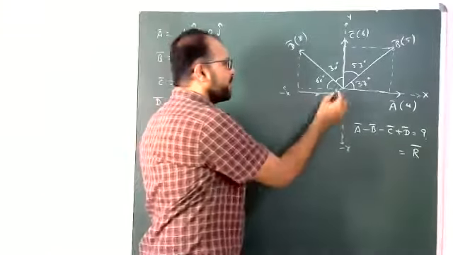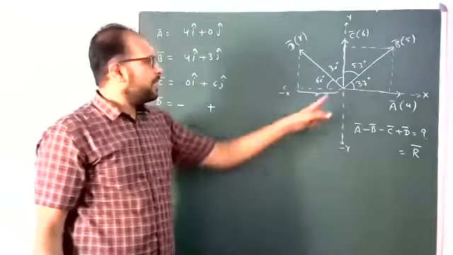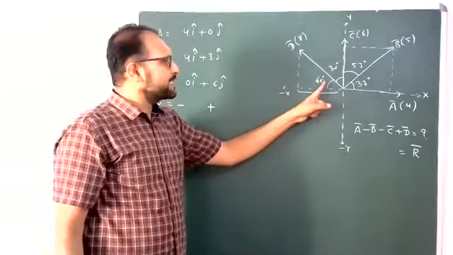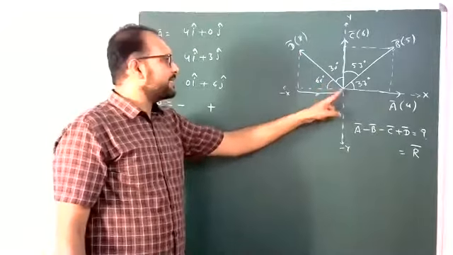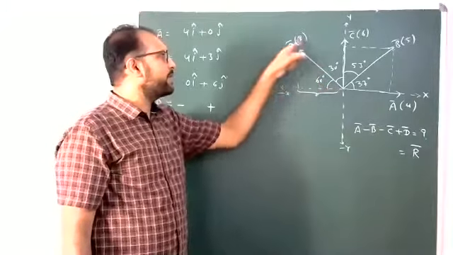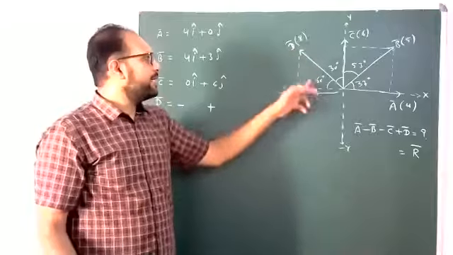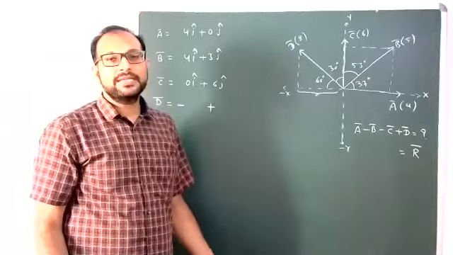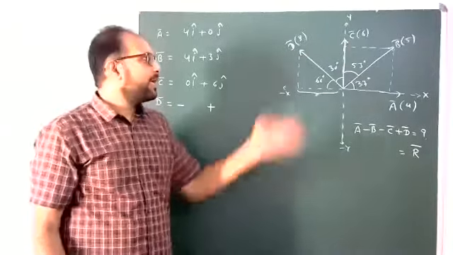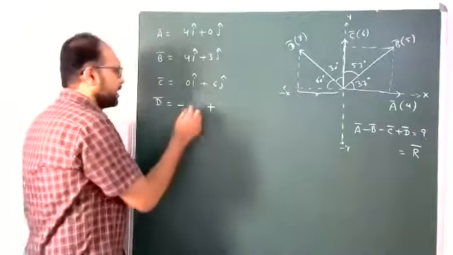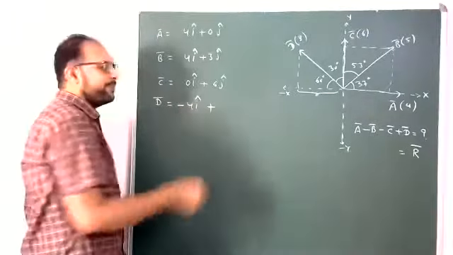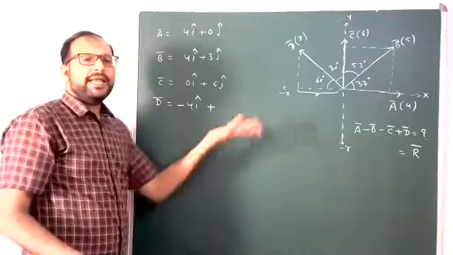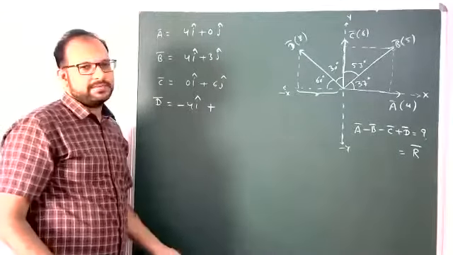This is the x component. It is a right angle triangle with 60 degrees. The adjacent side we need, the hypotenuse is 8. 8 cos 60, cos 60 is 1 by 2, into 8 is 4. So 4 i cap, and on the negative x axis, that's why minus.